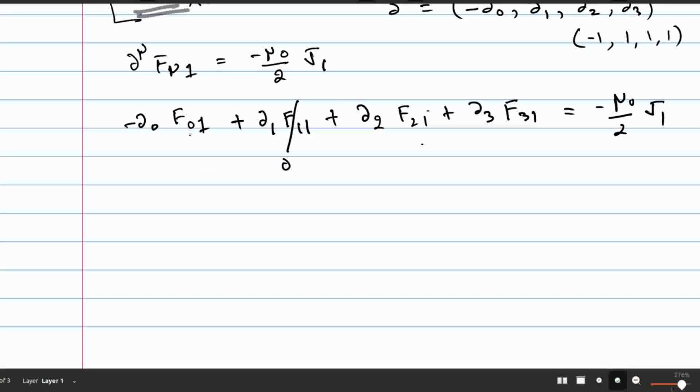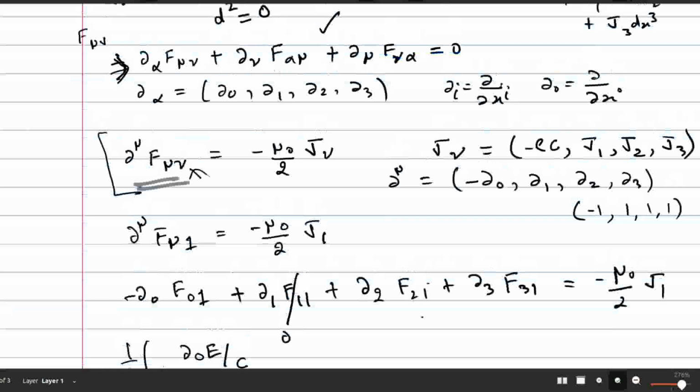Now 1/2 is a common factor in all of these, so we take it common. F01 is minus E1 by c, so we get del 0 of E1 over c. F21, what is F21?